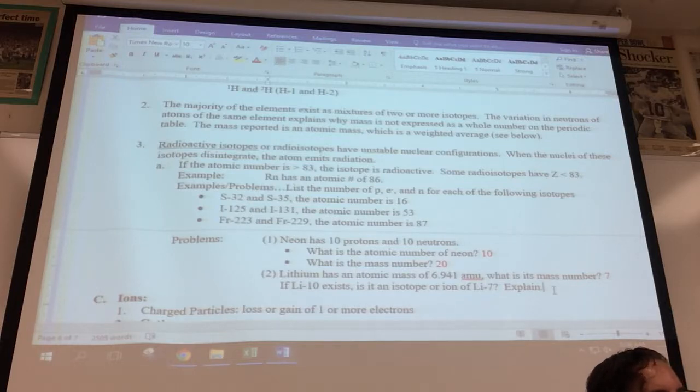Why is it an isotope? Because the number after the dash is? What does the number after the dash represent? Starts with an M. Mass number. There you go. Alrighty?